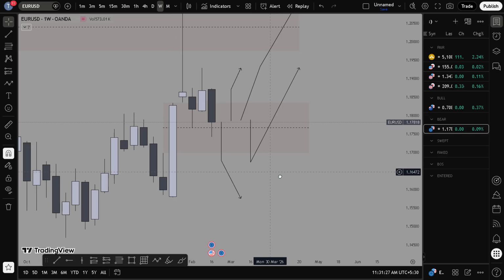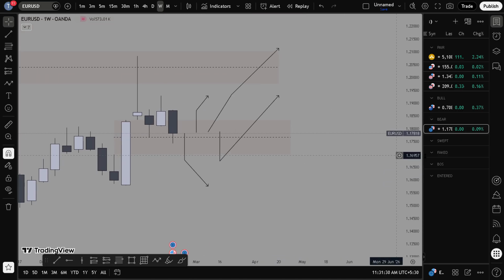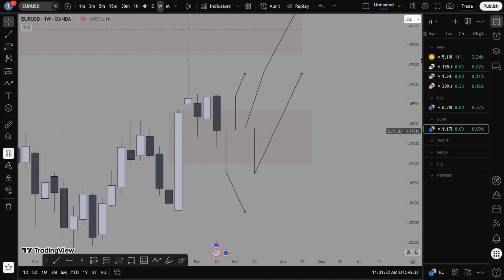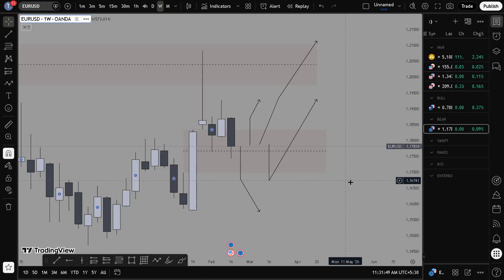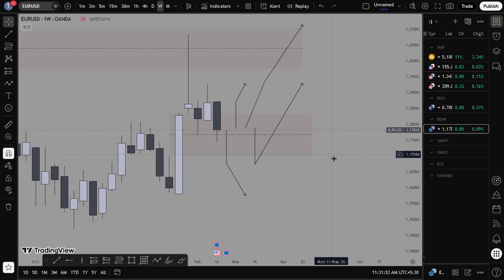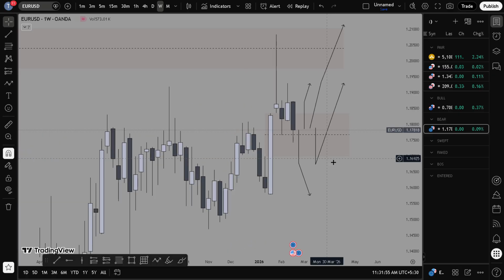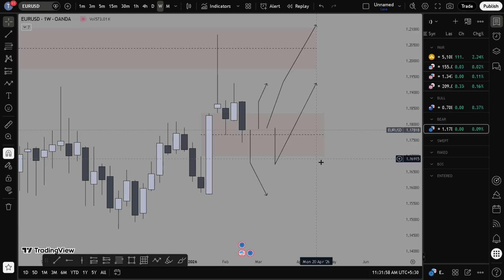For example, let's do some analysis. Right now the price is here. What is the nearest PD array, I mean the nearest liquidity, that price could easily take? What do you think? It's this previous candle low, the previous candle high, and this swing high.